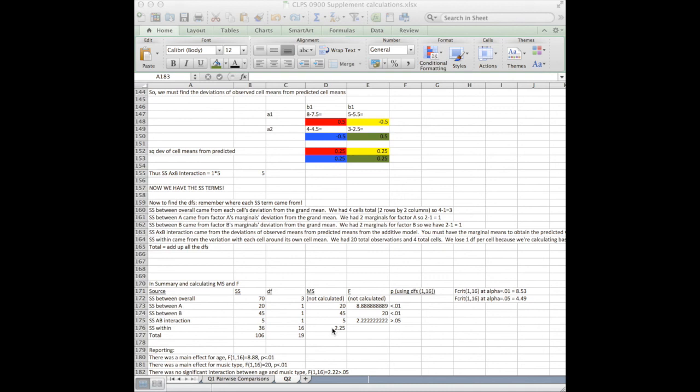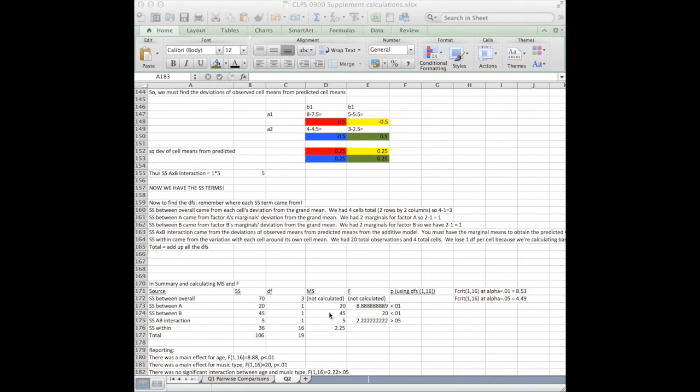And then again, you would do the F-test. So remember that's MS between over MS within.